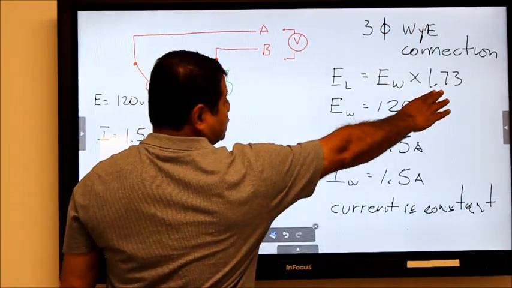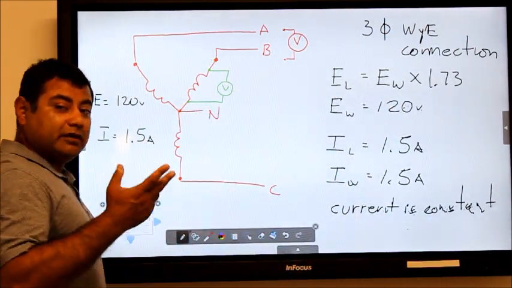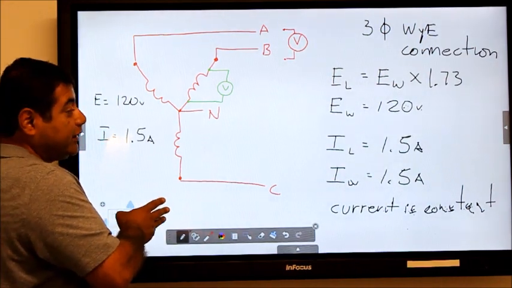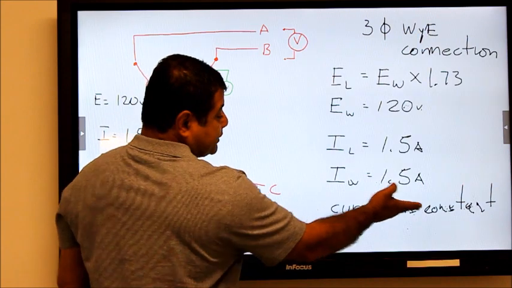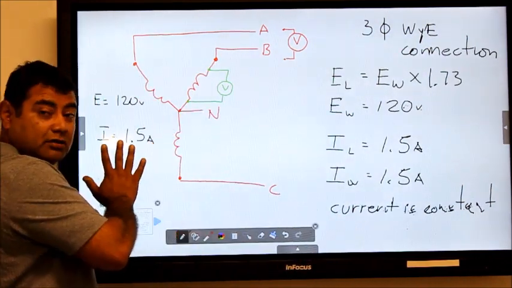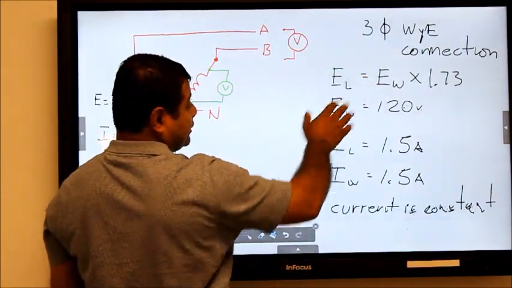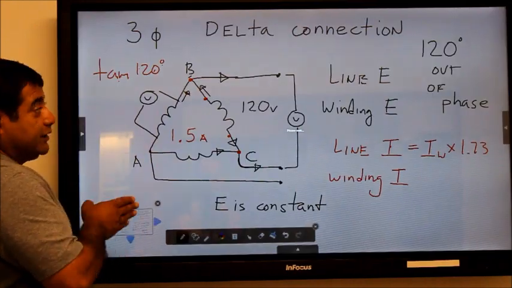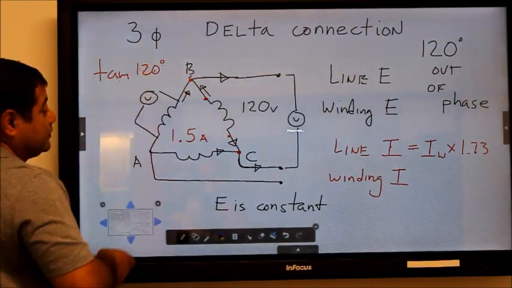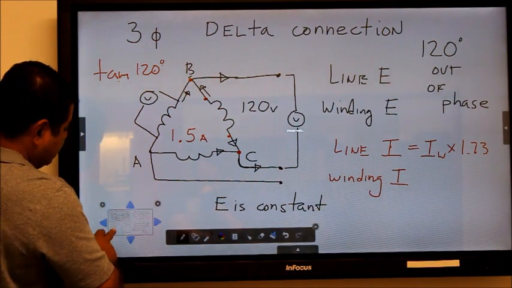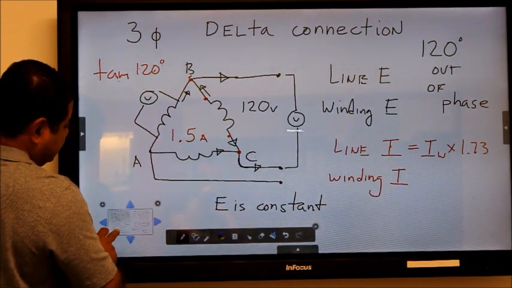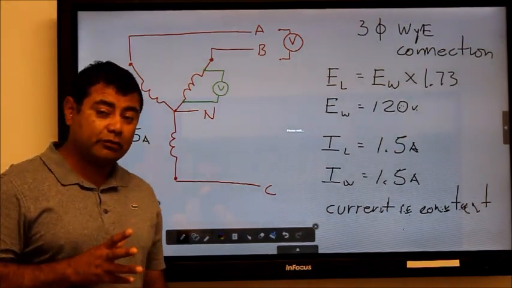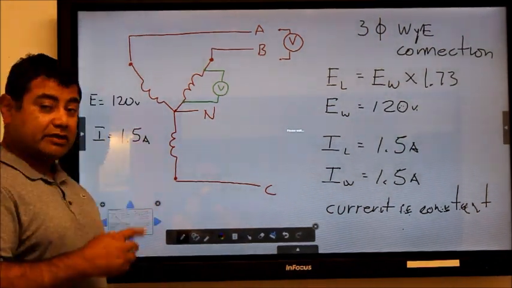So that's where I get the 1.73 from, if you were wondering. The important fact to remember about the Y connection is that current stays constant in this connection. However, the voltage changes. So make sure you keep that in track when it comes to the delta connection, three-phase, and of course the Y-connected three-phase. Those are very important properties that you need to remember about these two connections as we move forward.